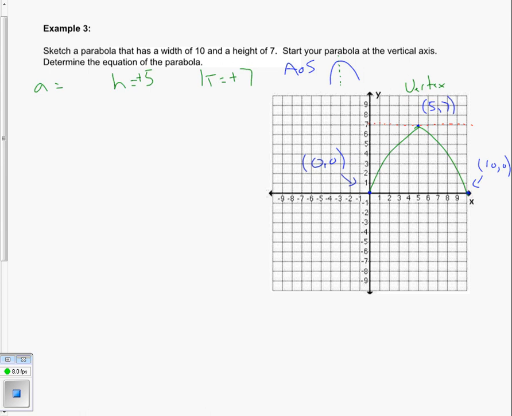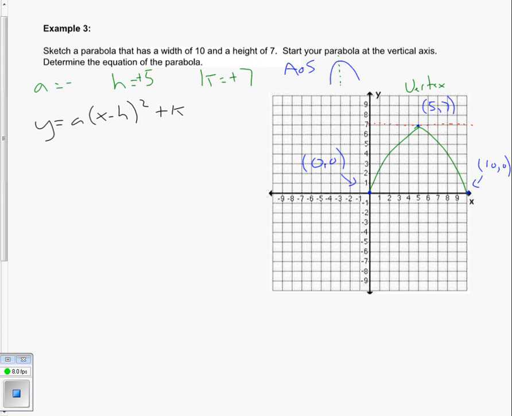We know that a is going to end up being a negative number, and we can double check that. But we know that all parabolas are written in the form y equals a times x minus h squared plus k. And we know what our h and k values are. Now we just need an x and a y coordinate.